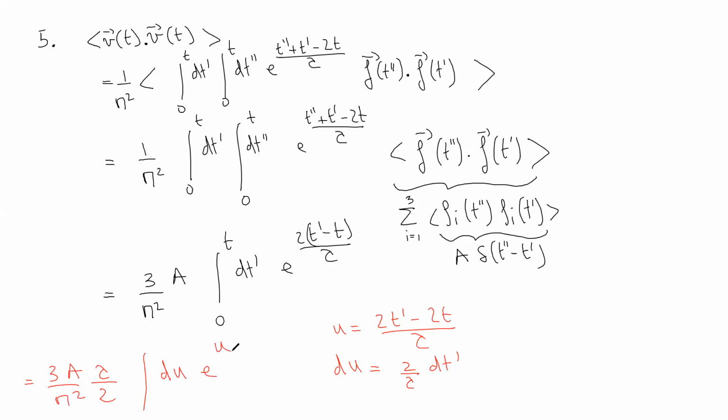All right, and the bounds, when t prime is equal to 0, we have minus 2t over tau. And when t prime is equal to t, we have 0.